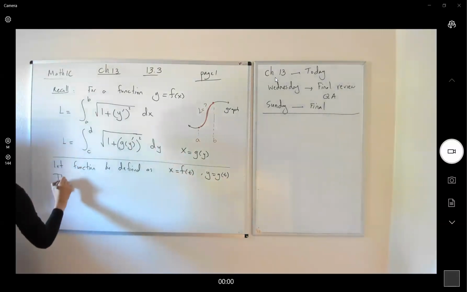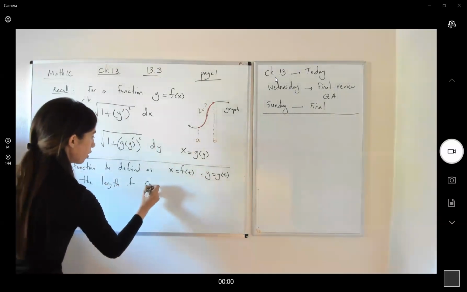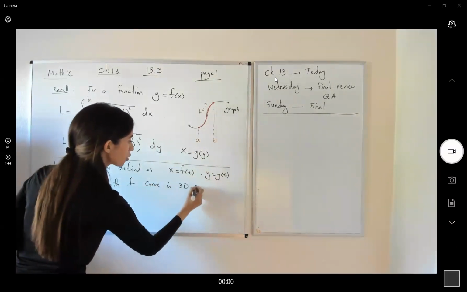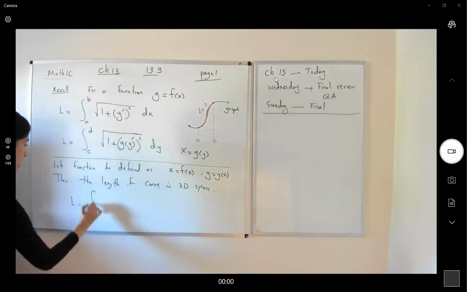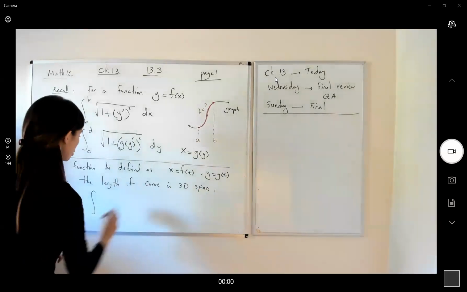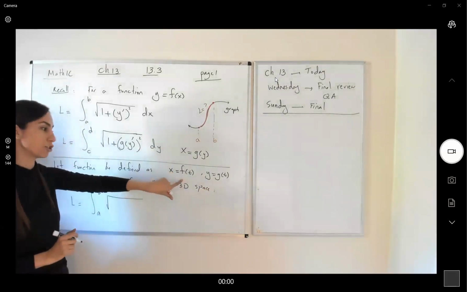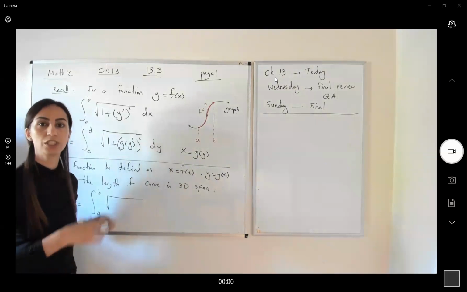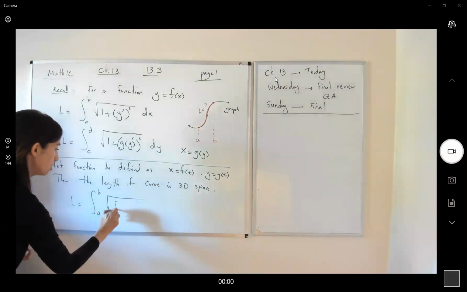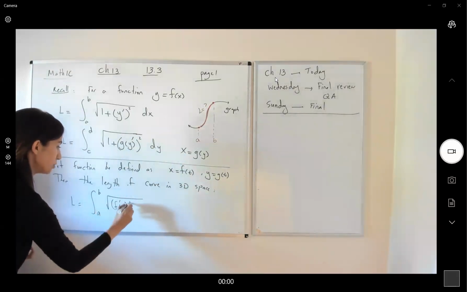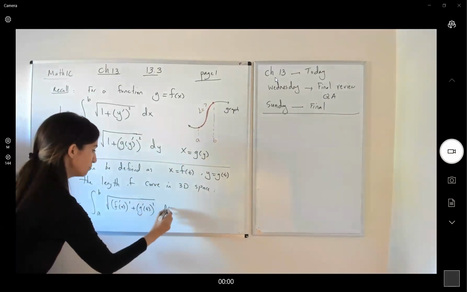Then the length of the curve can be calculated using an integral. Suppose your t ranges between a and b. This is the square root of, you take the derivative with respect to t, you raise each of them to the second power and add them all together. So f prime of t squared plus g prime of t squared, dt.